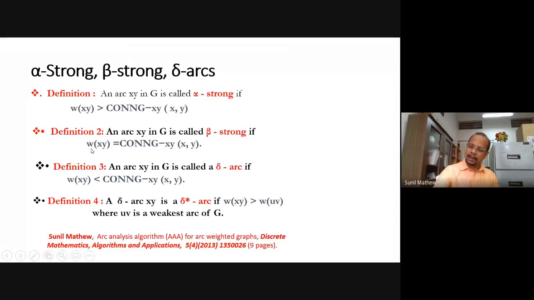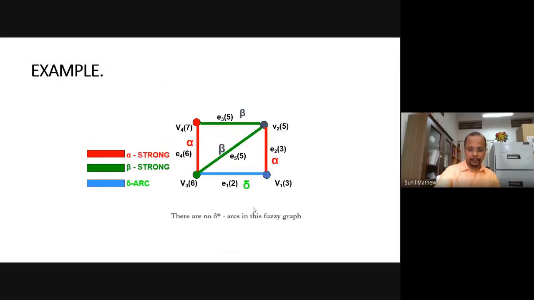When connectivity and weight are equal, it is called a beta strong edge. When weight is less than connectivity, it is called a delta edge. In some other situations, it's called a delta star arc also. So this particular division allowed us to write an algorithm for determination of different types of arcs in a network and to characterize a few of them.